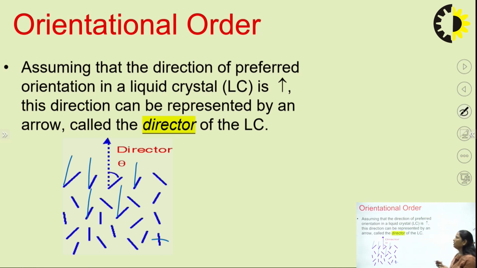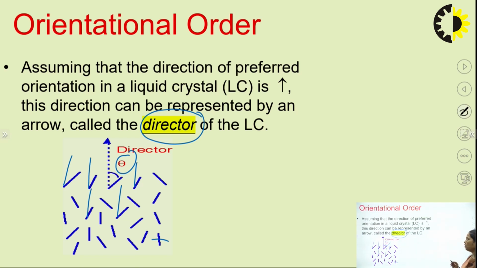When we assume that there is a line, we represent this orientation by an arrow. This arrow is known as the director of LCs. This is the property of liquid crystal, that some orientation we can observe. Most of the molecules, an average number of molecules, are oriented in a similar manner. We can even calculate the angle theta at which the average number of molecules are oriented.